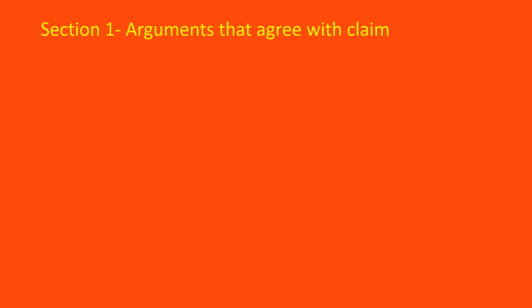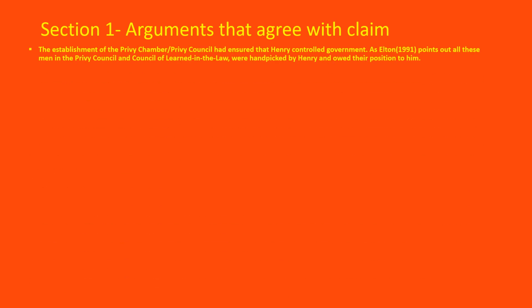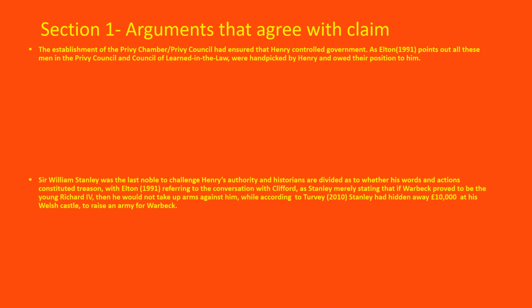And here you do need to have a good critical understanding of AO2 because you'll be drawing upon various historians to support these arguments. The establishment of the Privy Chamber or the Privy Council had ensured that Henry controlled government. As Elton 1991 points out, all these men in the Privy Council and Council of Learned in the Law were hand-picked by Henry and owed their position to him.